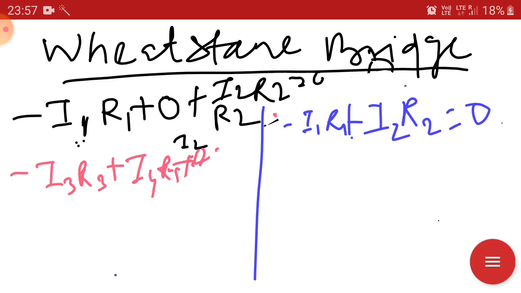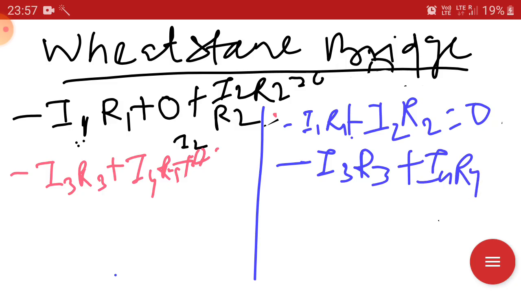The second one is minus I3 R3 plus I4 R4 is equal to 0.